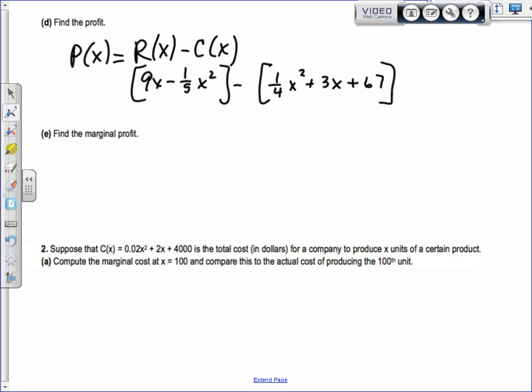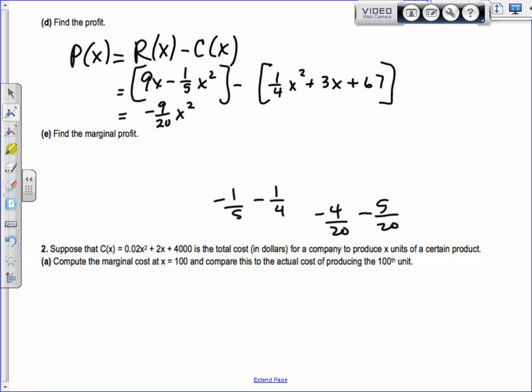Is it plus 67? All right, so we get that. Let's simplify a bit. So I have negative 1/5 X squared minus 1/4 X squared. So negative 1/5 minus 1/4. So negative 4 over 20 minus 5 over 20. So negative 9/20.